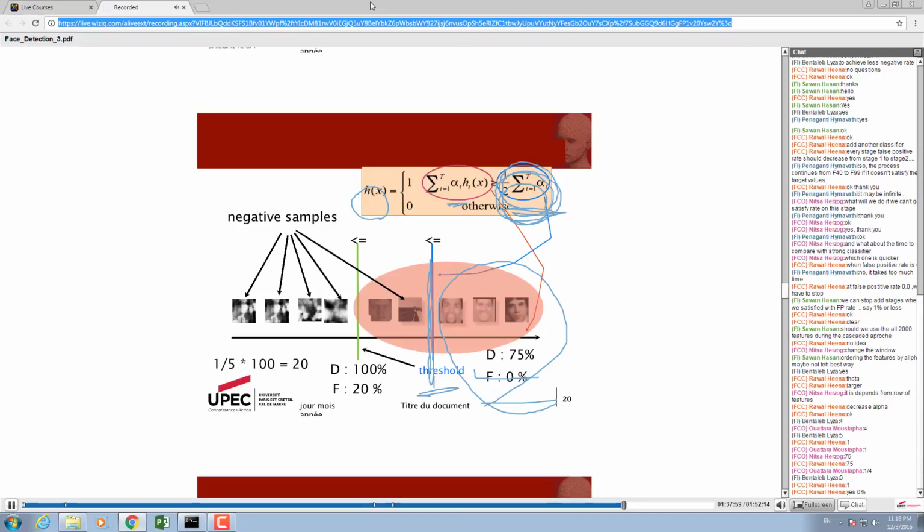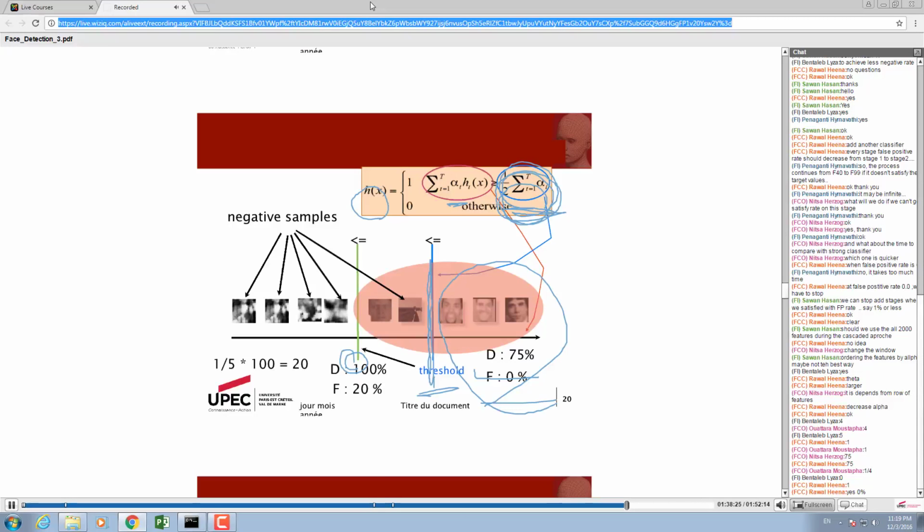So now, to satisfy these 2 numbers, we don't care about the false positive rate for now. We just focus on the detection rate in the first step. To satisfy D, the current 75% is not good. So what we can do is lower the threshold, moving the blue line to this green one.